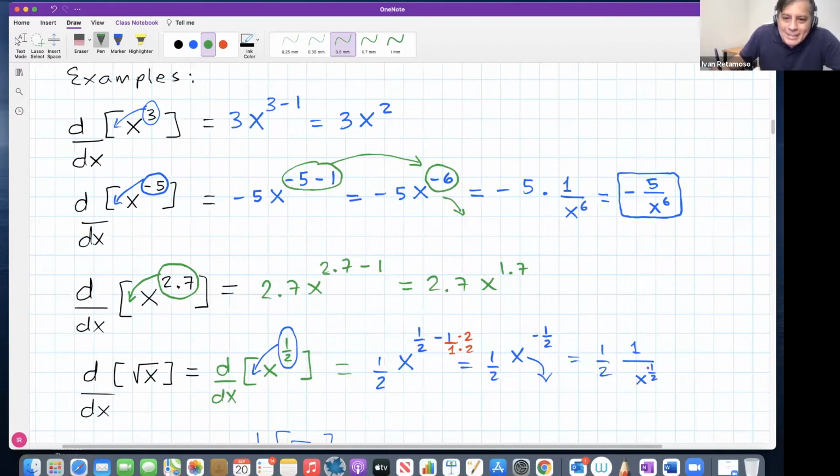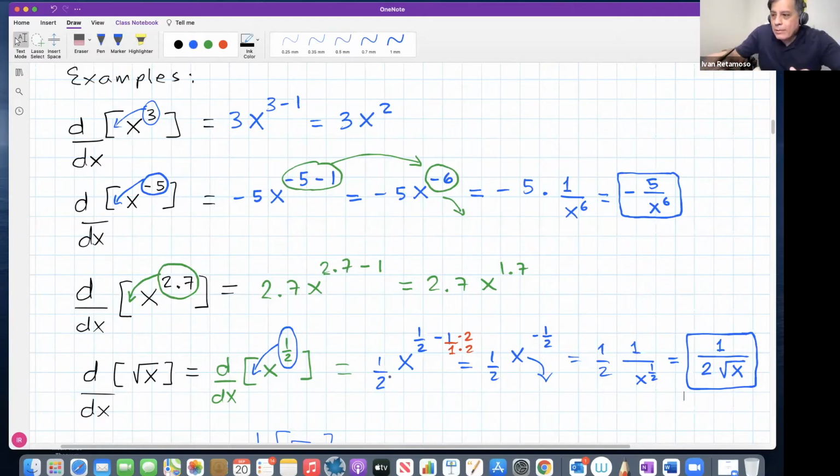Whenever possible, they change it to radical form. So don't be surprised if you see 1 on the top, and on the bottom 2 times the square root of x, instead of x raised to 1/2. So this should be the final answer for the derivative of the square root of x, okay?